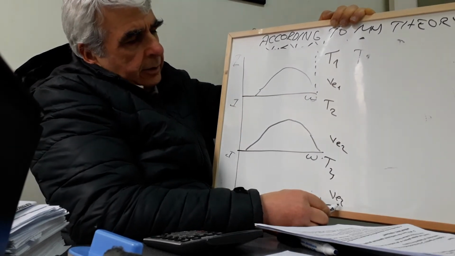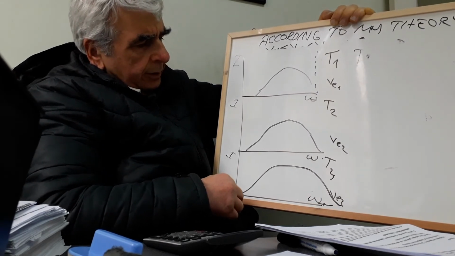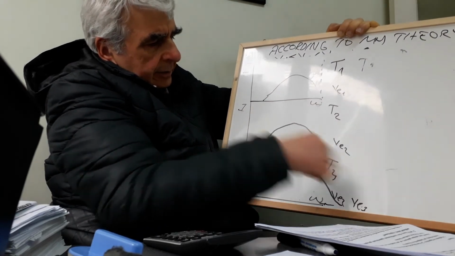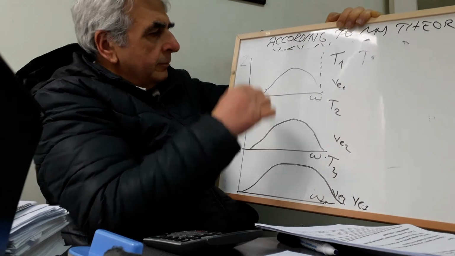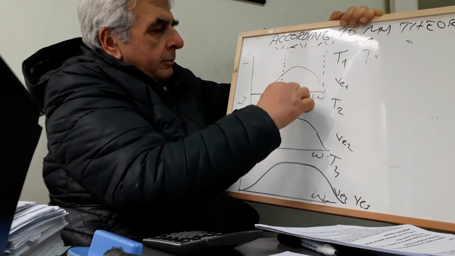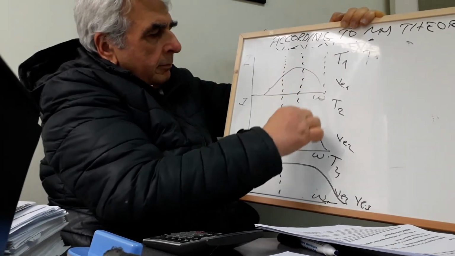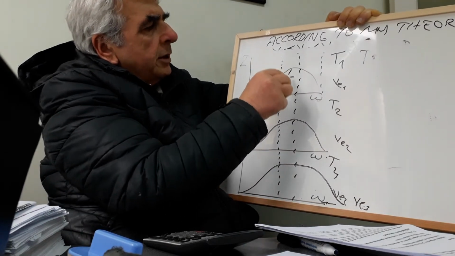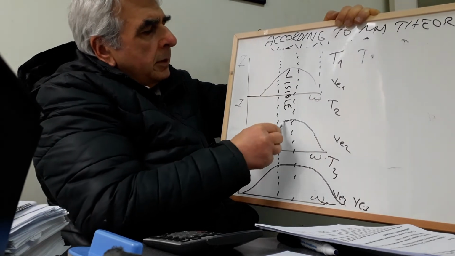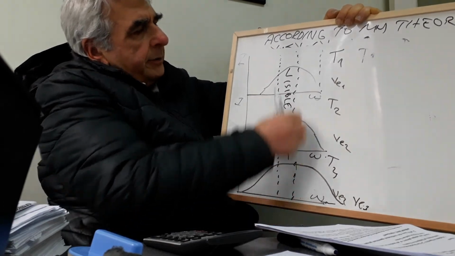Then, say, here, greatest electron velocity. Visible light, this band, okay?